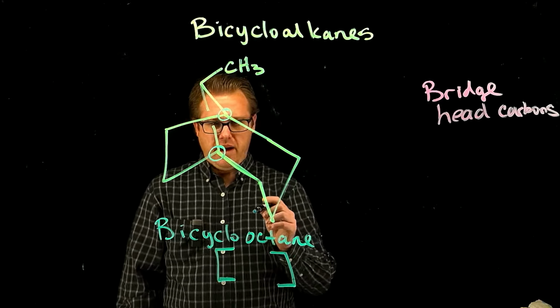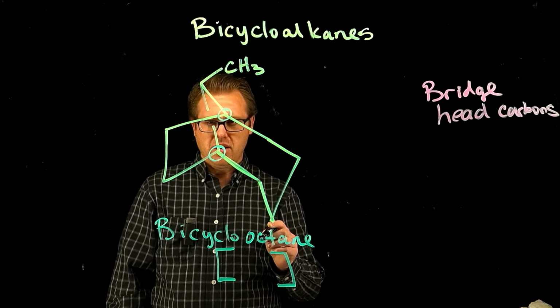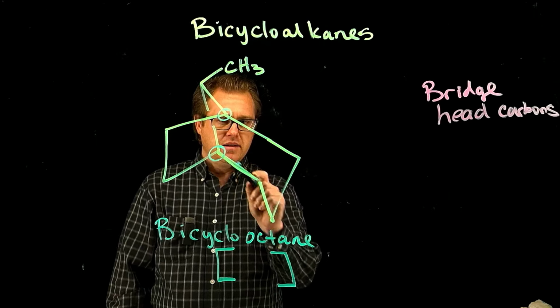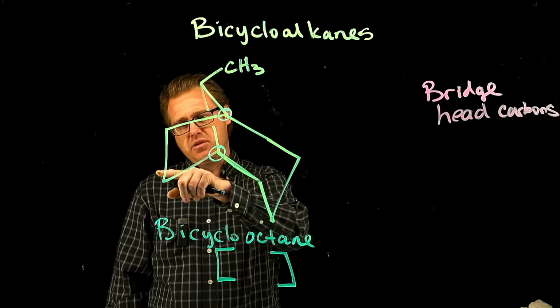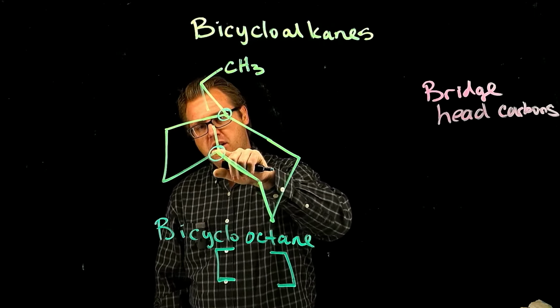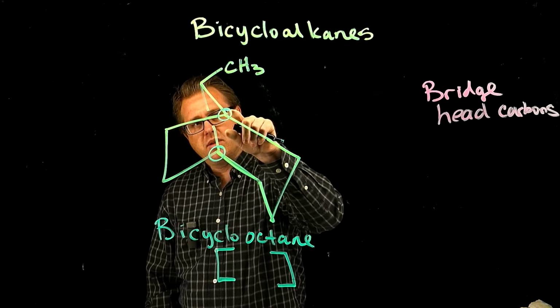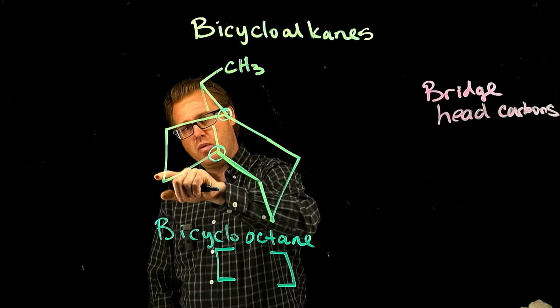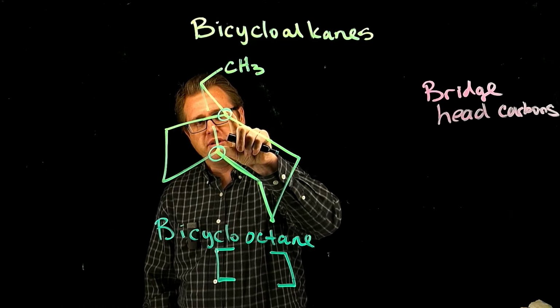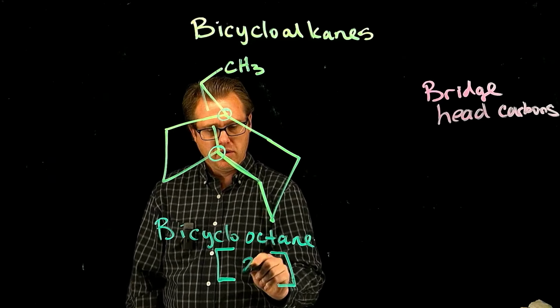So let's do it here. We've got to find the paths here. Let's do this one. From this bridgehead carbon to there, what do we have? 1, 2 carbons in between the 2 bridgeheads, so 2.